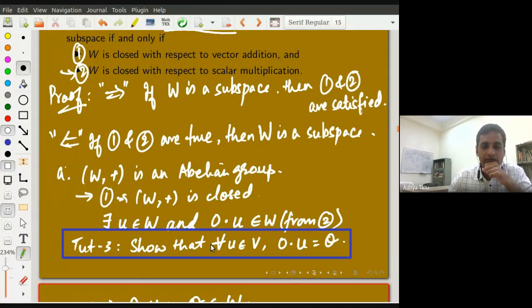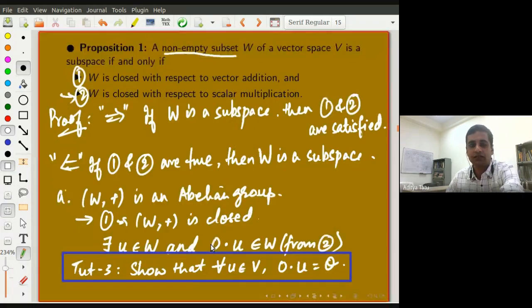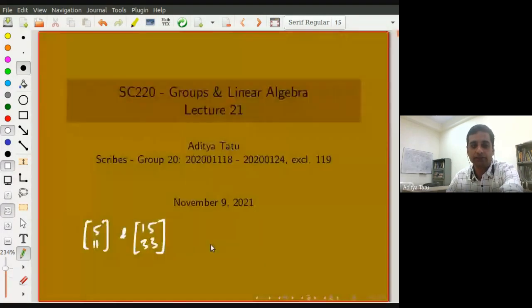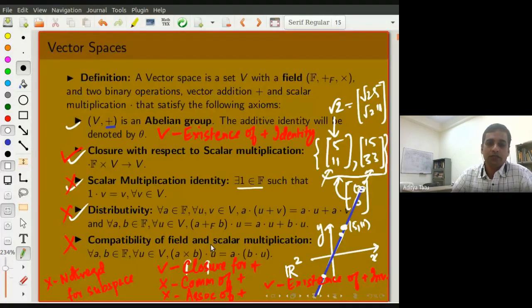What else is required? Closure with respect to scalar multiplication is already given to us, right? And the other three, I hope you can see that we don't really need to check: scalar multiplication identity, distributivity, and compatibility of field and scalar multiplication. Is that fine? Yes, sir.